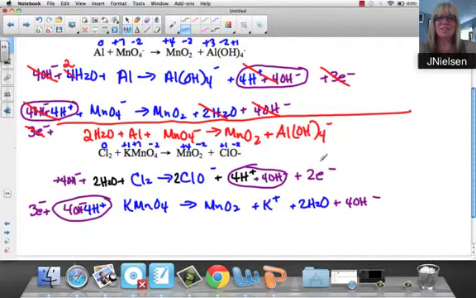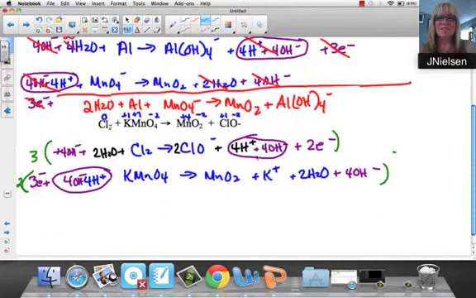Well, here's a problem, because this is negative 2 and this is negative 3, so I just made a whole lot of work for myself. Because the least common multiple between these two is going to be 6. So this whole reaction has to be multiplied by 3, and this whole reaction has to be multiplied by 2. So I'm going to rewrite those.